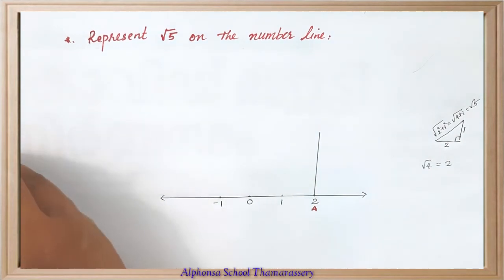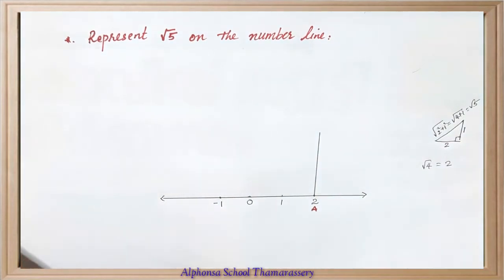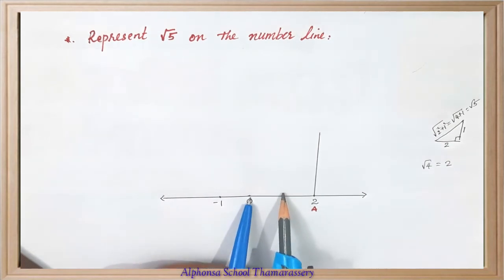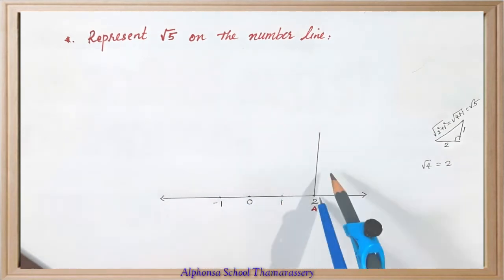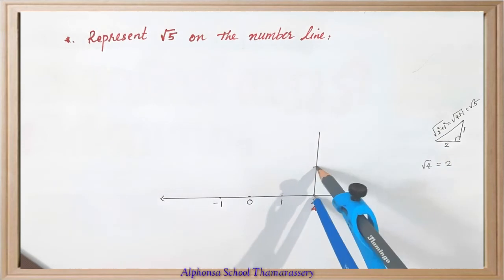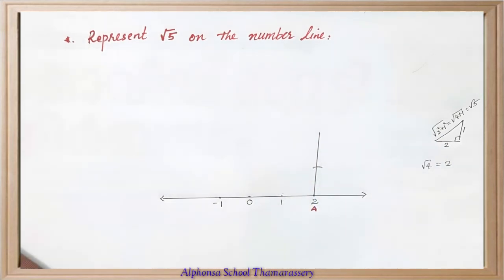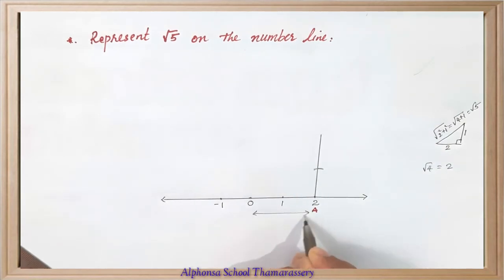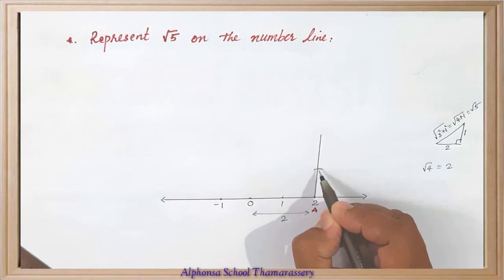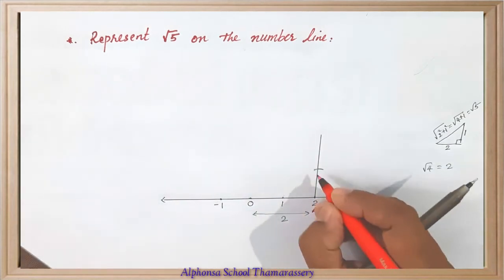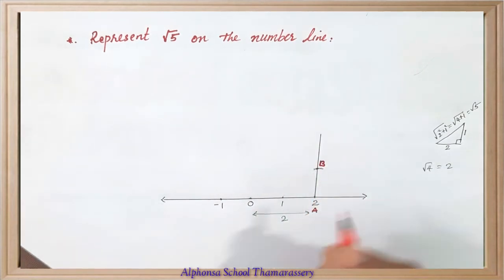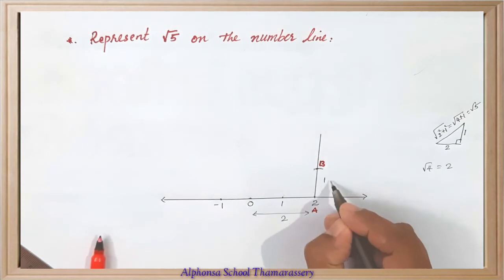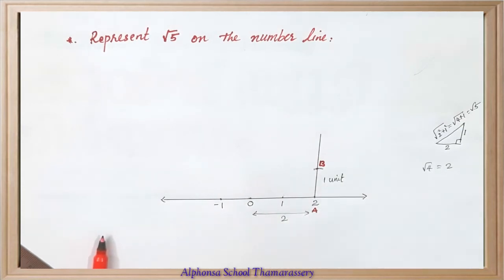Now measure 1 unit and mark 1 unit on this perpendicular line. Now this OA length is equal to 2 units and this point you can mark as B. So AB is equal to 1 unit. Now join OB.